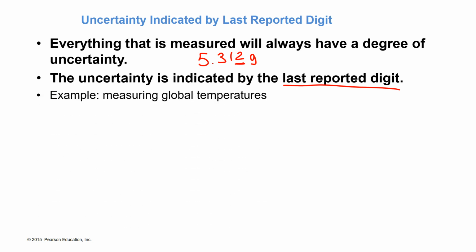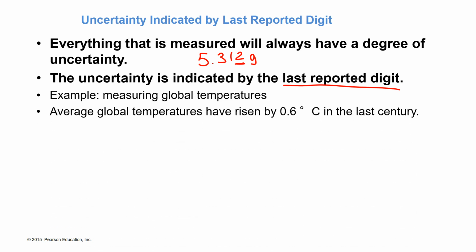So if you're measuring the global temperature, if you watch different things talking about climate change, they usually report an average global temperature. If you look at historical documents, you can find out that the average global temperatures have risen by 0.6 degrees Celsius over the last century, over the last 100 years. It doesn't mean that it's gone up exactly 0.6.